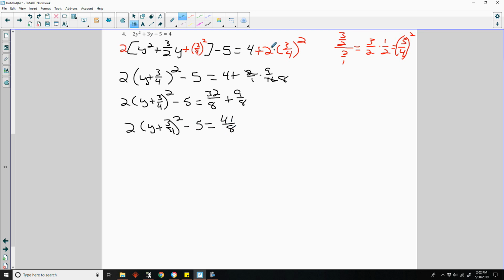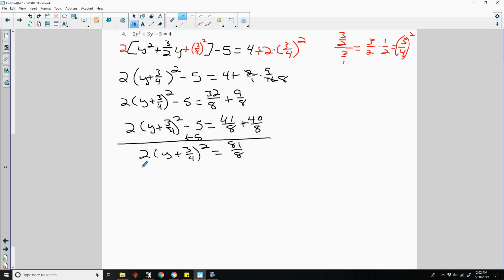I could have done it first, probably would have been easier, but anyway, if I add 5 to both sides, 5 is 40 over 8. Right? 40 divided by 8 is 5. So if I add 5 to this side and I add 5 to this side, I get 2 y plus 3/4 squared equals 81/8.